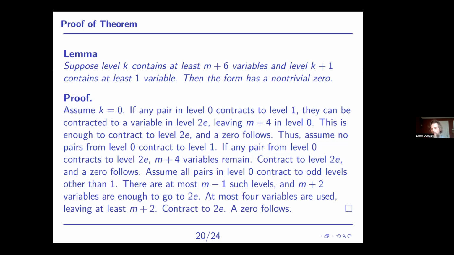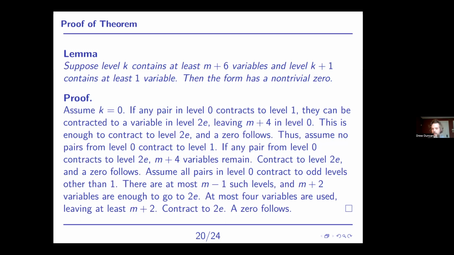So finally, we assume that none of the pairs in level 0 contract to either 2e or to 1, which means there are at most m minus 1 possible bins, possible odd levels for it to contract to.